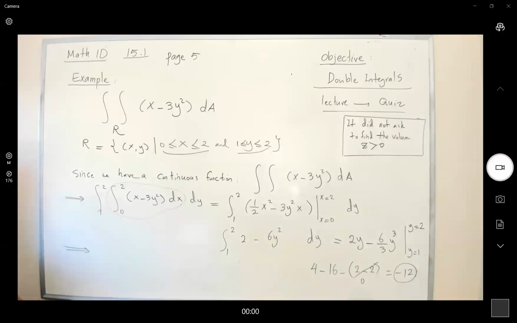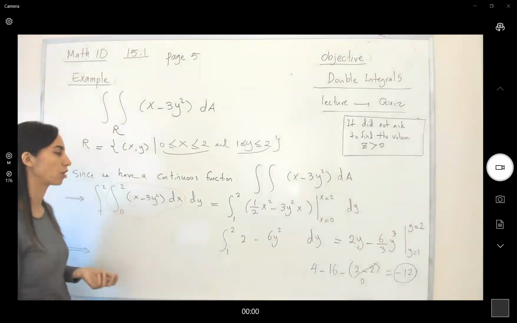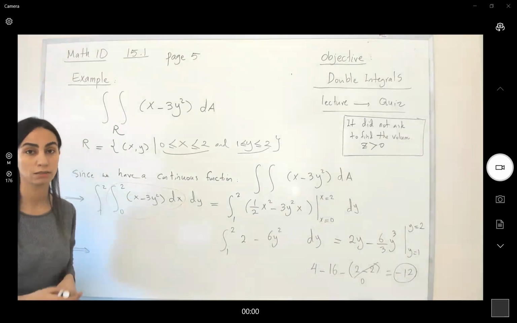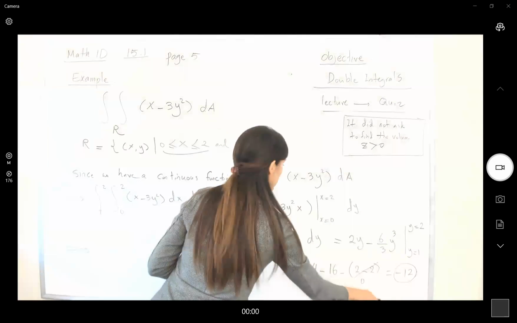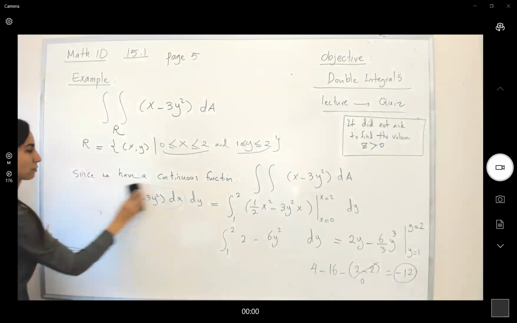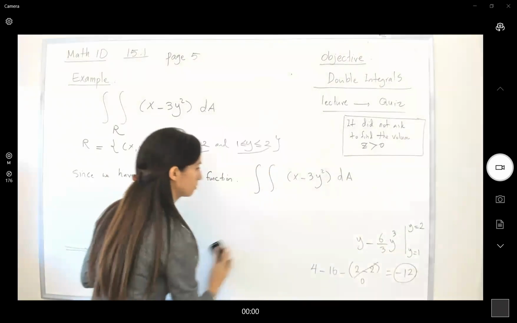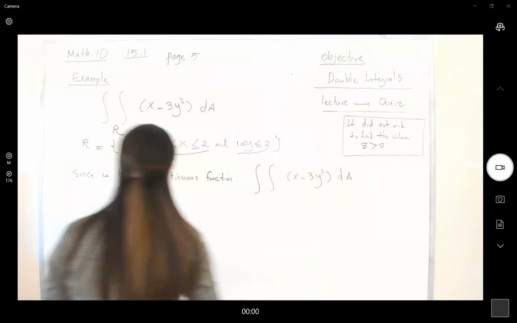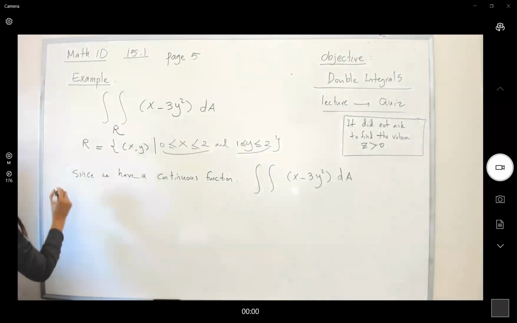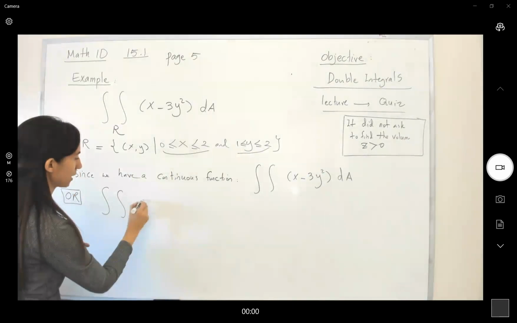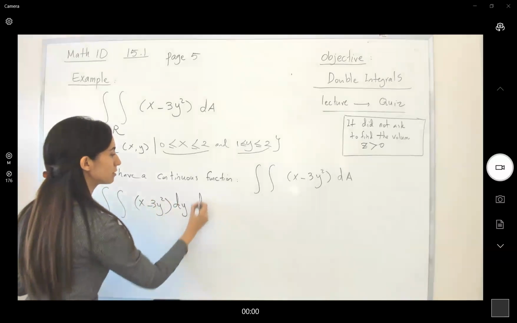I expect you to ask, what if I take the integral with respect to y first? Do I get the exact same result for the double integral? Okay, let me show you. You can say that this is the integral of the integral of x minus 3y squared dy dx.